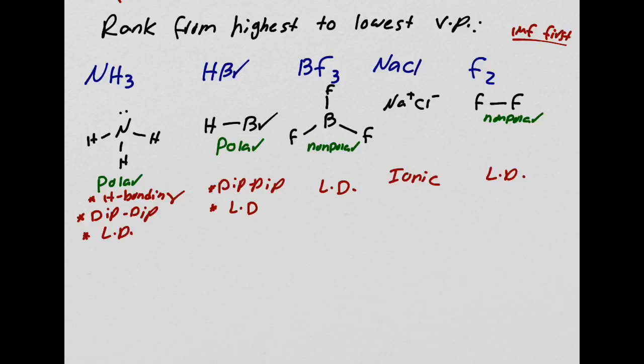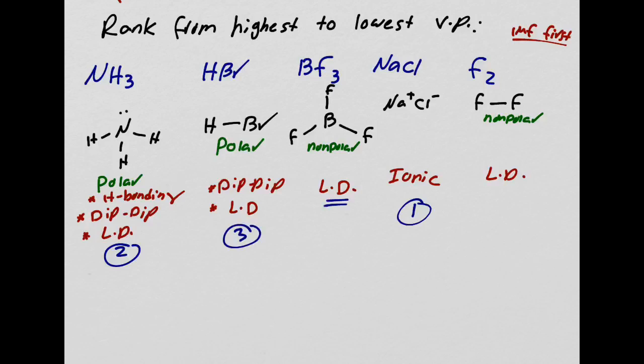So based on this, what is my highest intermolecular force? Let's rank the IMF first. My highest intermolecular force is ionic. You agree? After that would be the hydrogen bonding. After that would be the dipole.